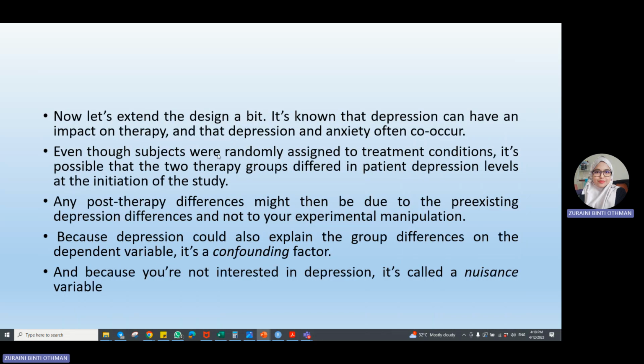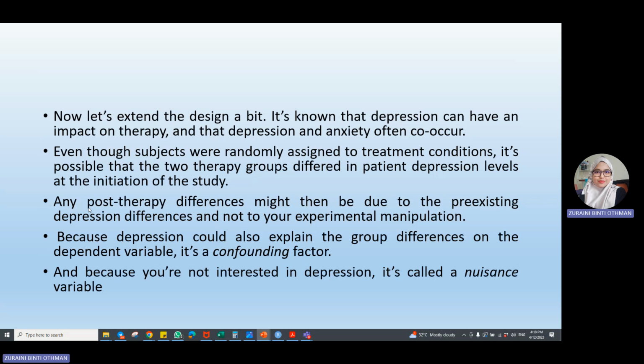Okay, now let's extend the design a bit. It's known that depression can have an impact on therapy, and depression and anxiety often co-occur. Okay, even though subjects were randomly assigned to the treatment condition, it's possible that the two therapy groups differed in patient depression level at the initiation of the study.